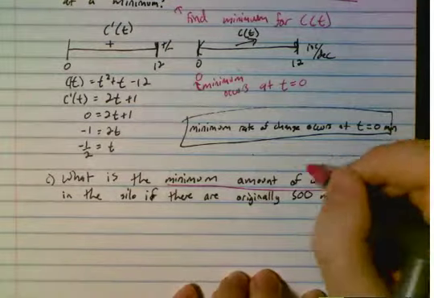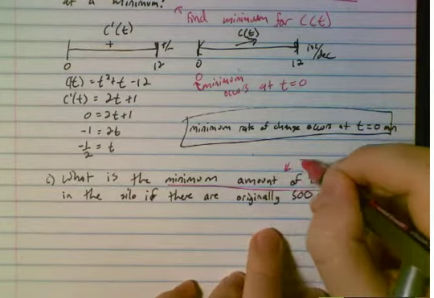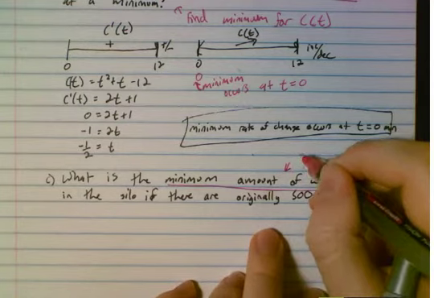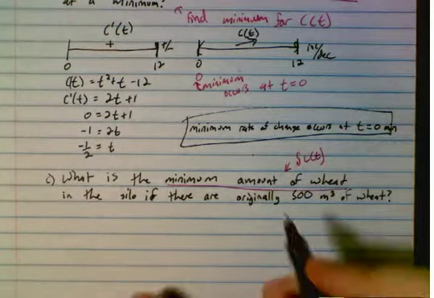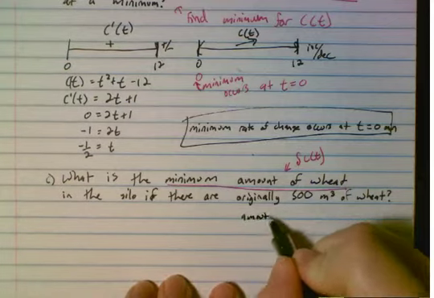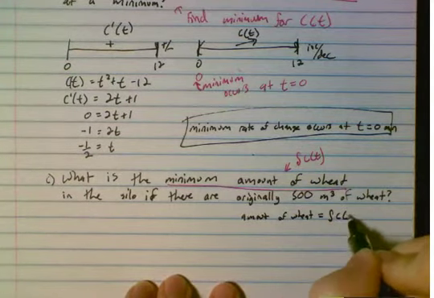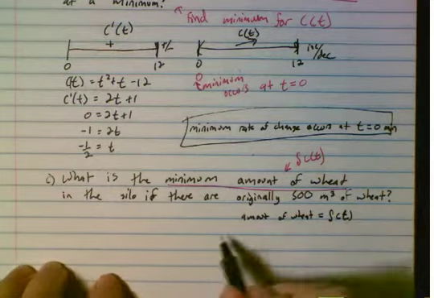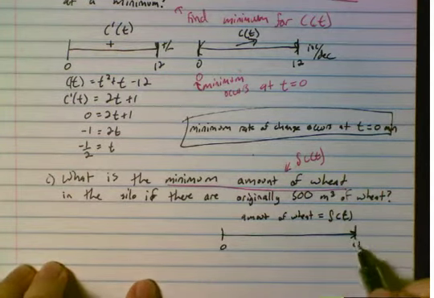So the minimum amount of wheat, amount is the antiderivative of the rate. So this is the antiderivative of C of t. So amount of wheat, the antiderivative of C of t, and again, 0 to 12.